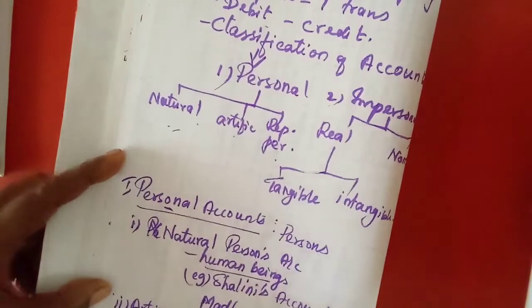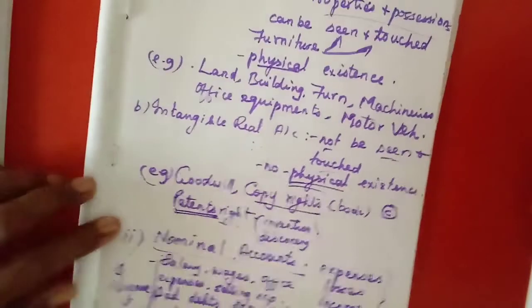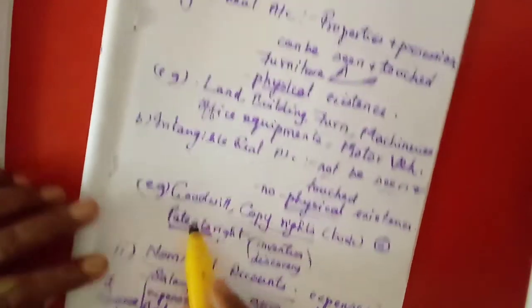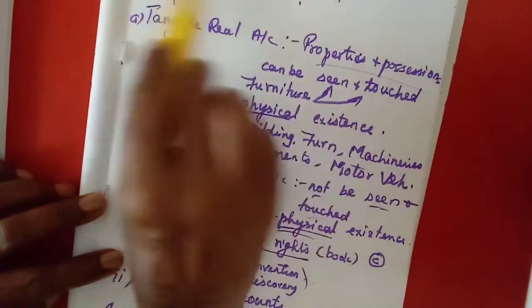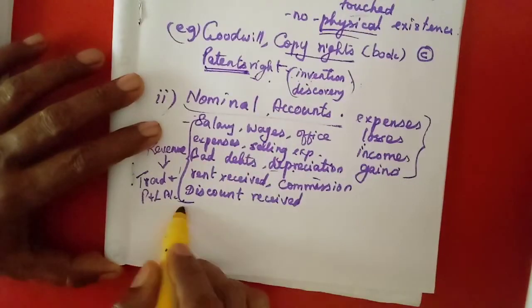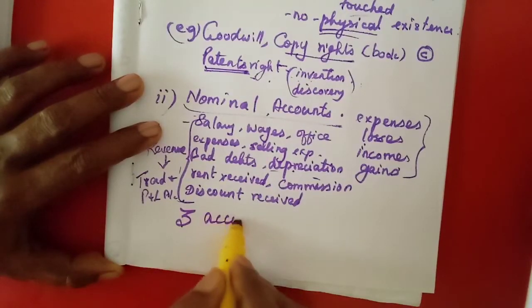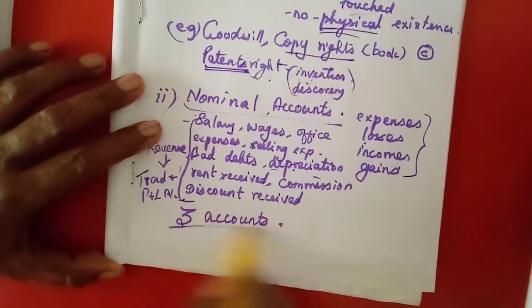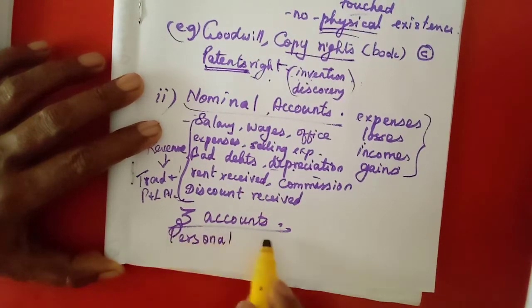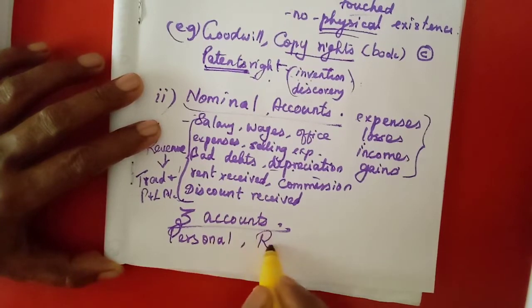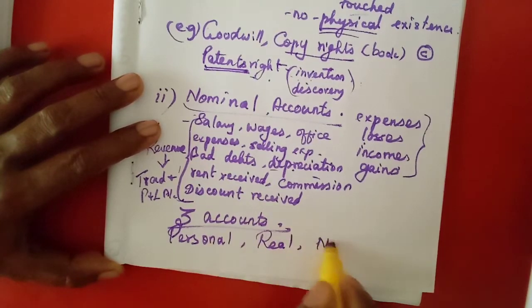So totally how many accounts do we have? 3 main accounts. Personal, real, nominal.